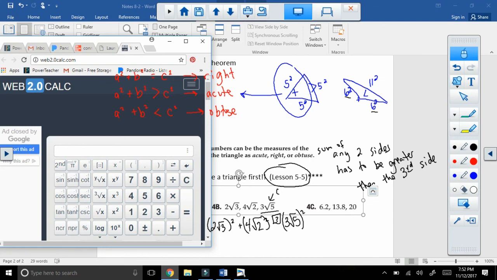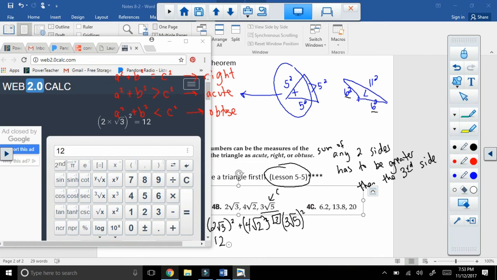This first one, like I said before, I would recommend doing the double parentheses. 2 times the square root of 3, squared, is exactly 12. And you need to make sure that you have that exact number.